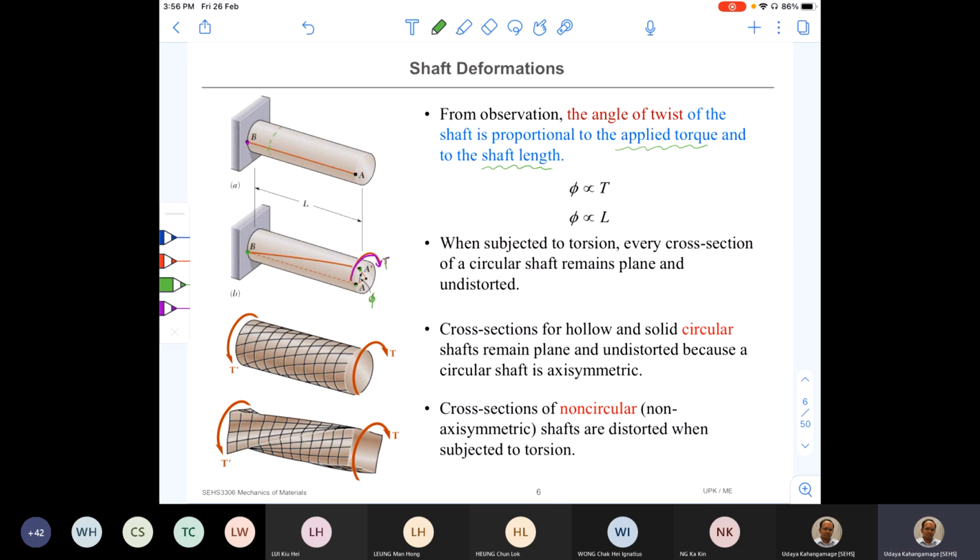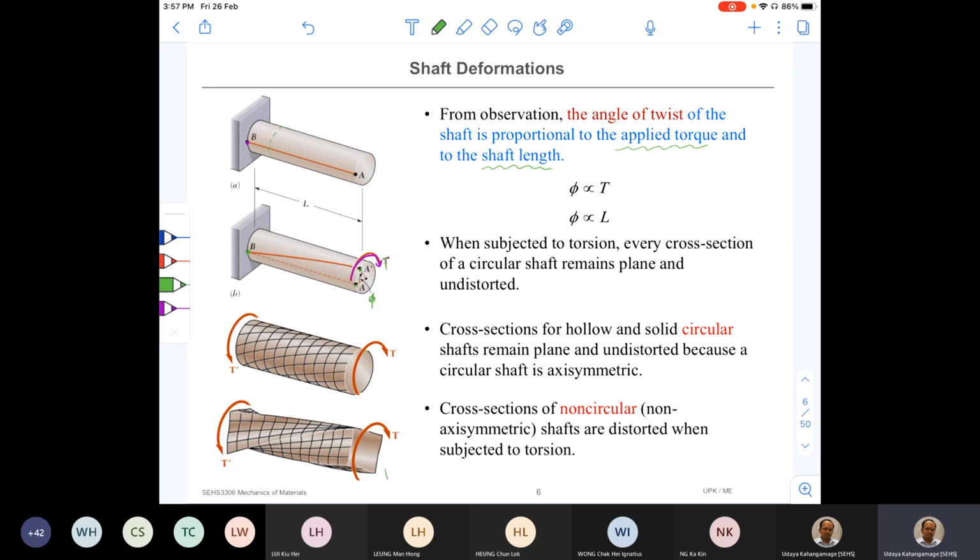And based on the initial assumption that we made, there is no change in the cross-sectional shape. It remains circular after deformation, right? And no distortion. So the derivation that I'm going to make now is going to be applicable only for circular shafts.